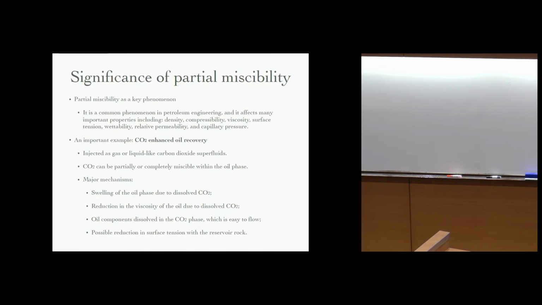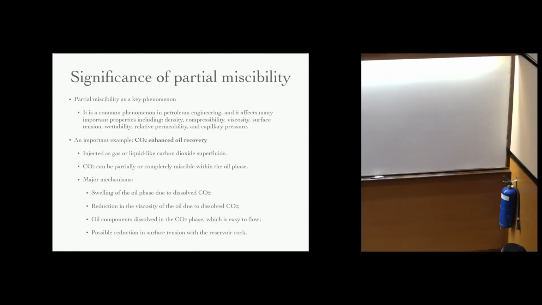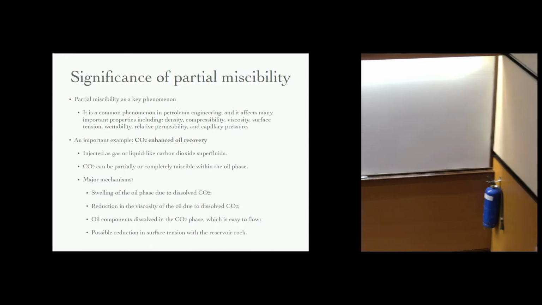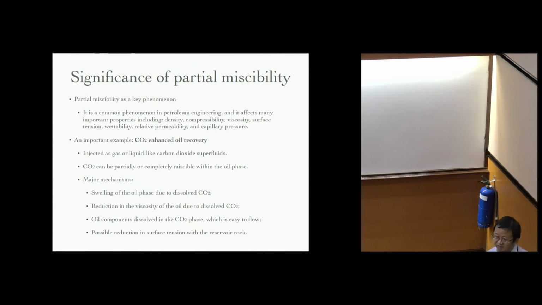And this solubility can affect many things like density, compressibility, surface tension, wettability. Consequently, they're going to affect the relative permeability and the capillary pressure function at the Darcy scale. I want to just give you one example for the motivation.